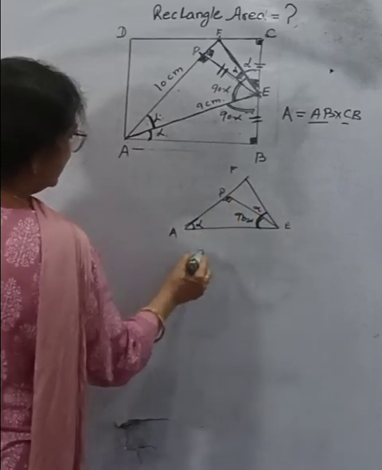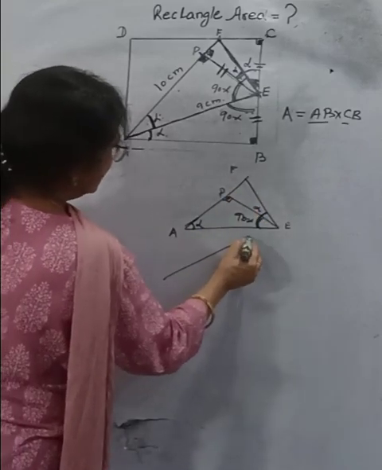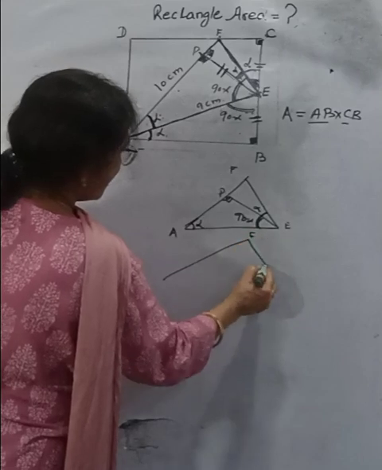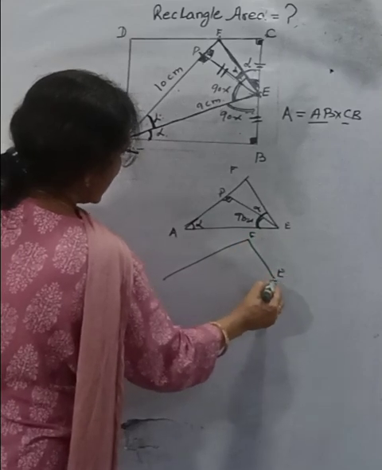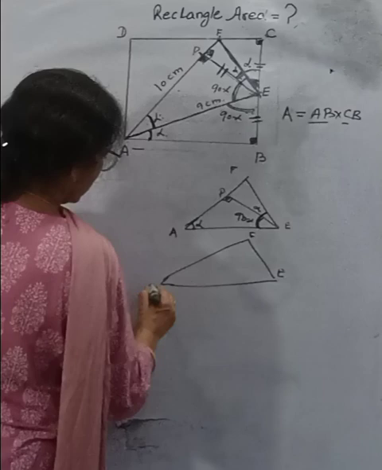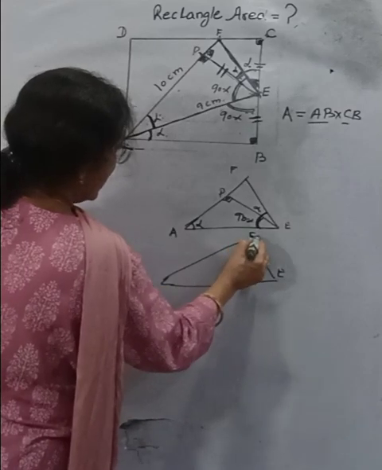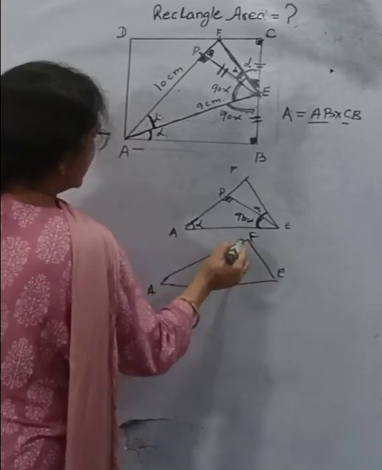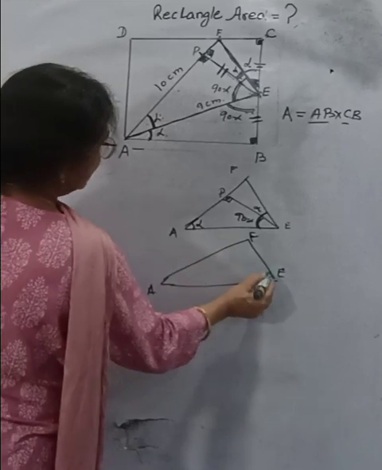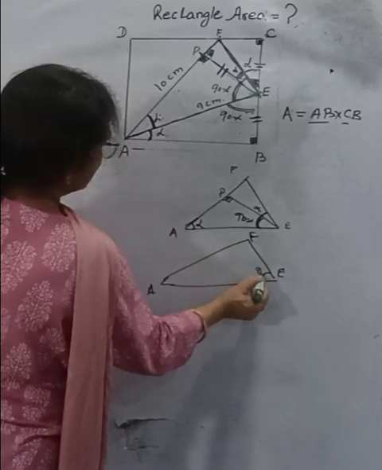Now we are in the triangle F, E and A. This angle will become 90 degrees.